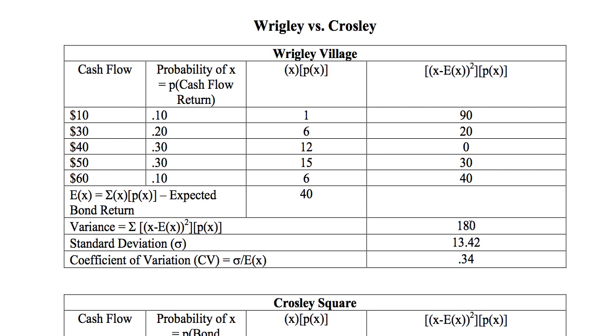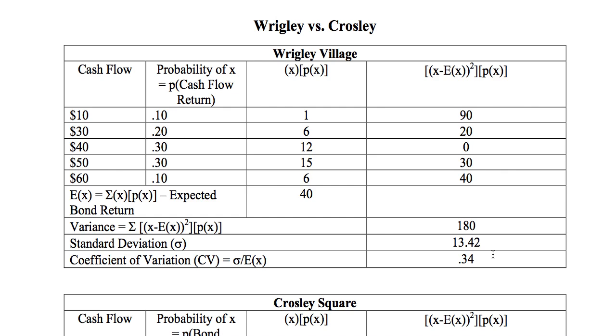To arrive at the standard deviation, we take the square root of 180 and come up with 13.42. The coefficient of variation, which as I indicated is very, very important in business decisions where we have to make a choice between, in this case, Wrigley or Crosley, which one am I going to go with whereby I have a greater certainty of receiving the expected mean or expected cash flow?